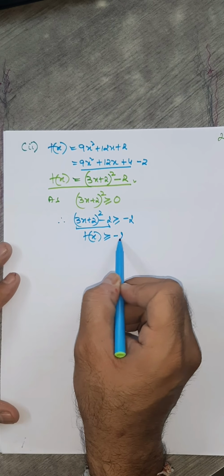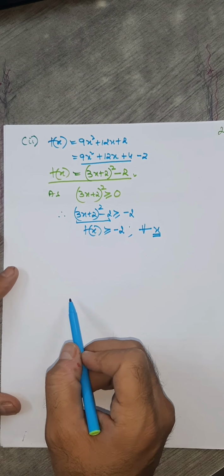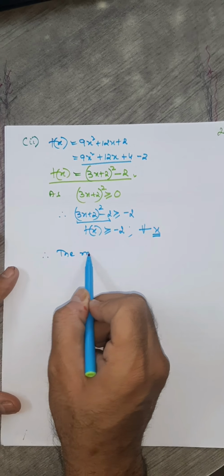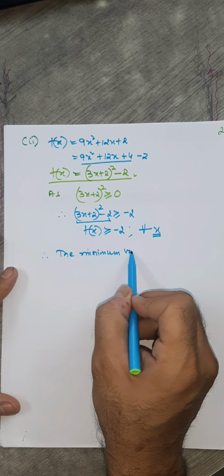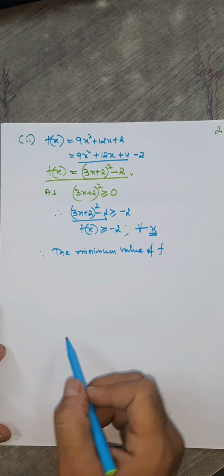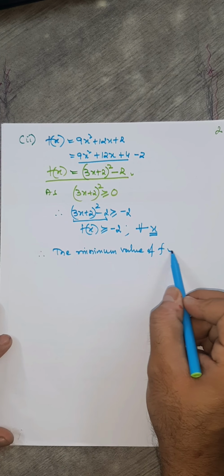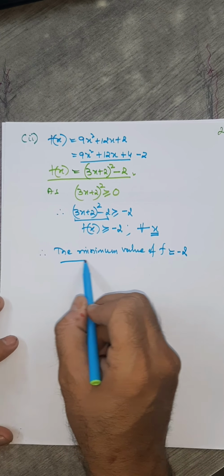So f(x) is always greater than or equal to minus 2 for every x. Right? And therefore what is your conclusion? The minimum value of f is here equal to how much? Minus 2. The minimum value of f is always minus 2.